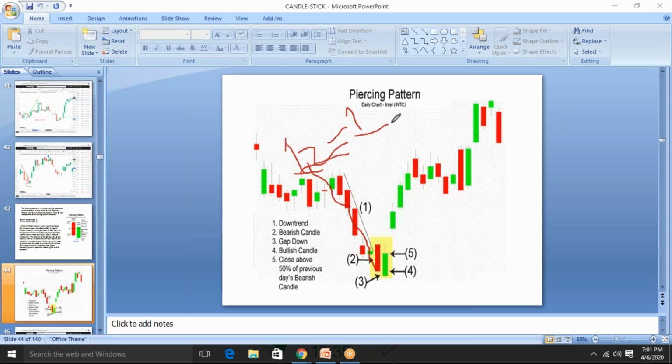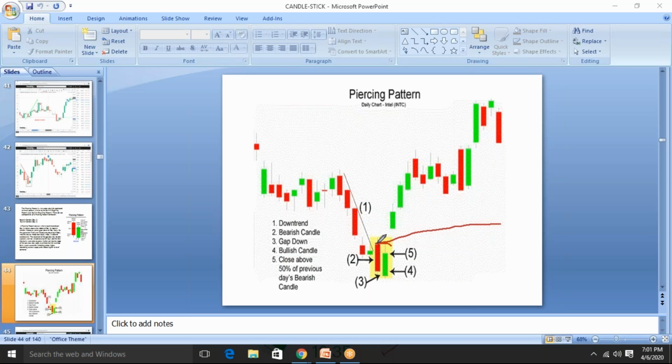Minimum condition is 12 candles. So in 10 to 12 candles, you will consider what is the trend of the market. So clearly the trend of the market was down. Clear cut downtrend in market, and there should be one bearish candle. So clearly this is a bearish candle.